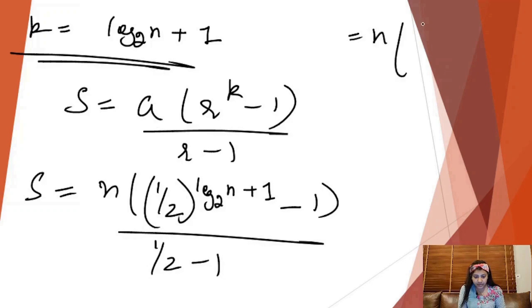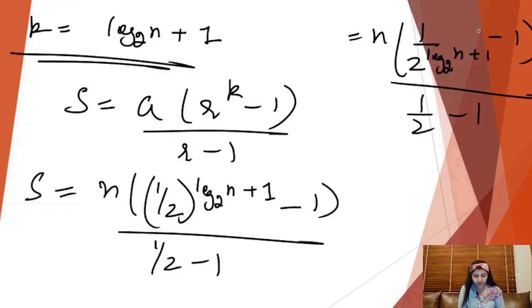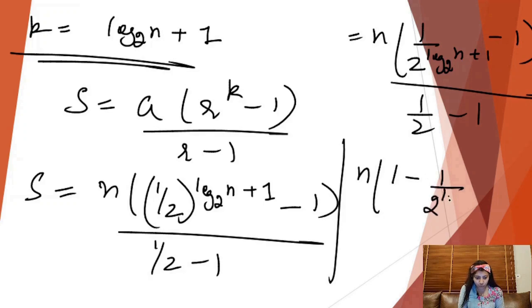This is 1 by 2 to the power log n base 2 plus 1, minus 1 upon 1 by 2 minus 1. Now we can take numerator and denominator and multiply by minus 1 in order to make it a positive value. So this becomes 1 minus 1 upon 2 to the power log n base 2 and we can write this as 2 upon 1 minus 1 by 2.